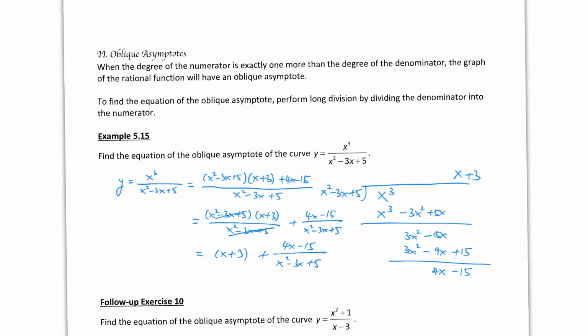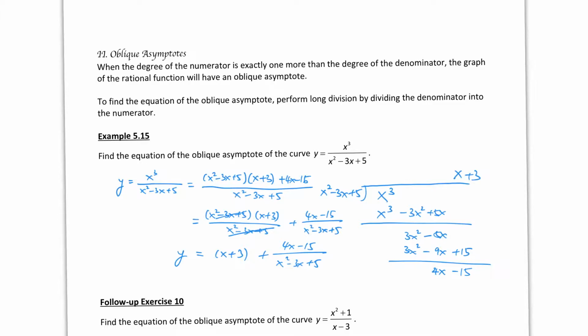What is the use of this simplification? Now, y is equal to x plus 3 plus a rational function. You can find that for this rational function, if we take the limit as x tends to infinity, this term is equal to 0, because this is degree 1 and this is degree 2.